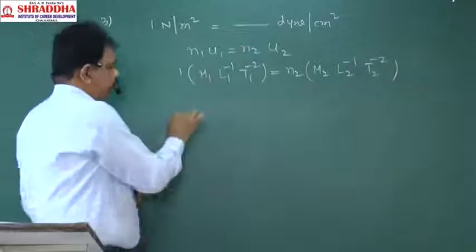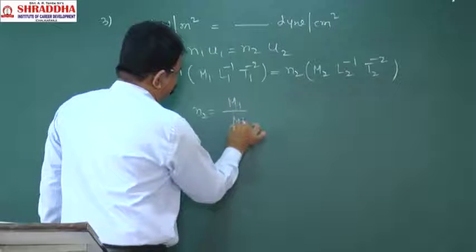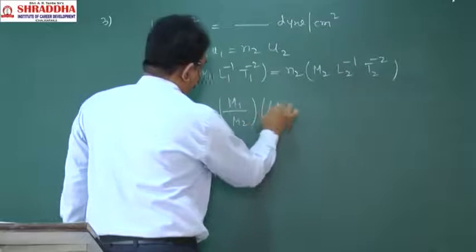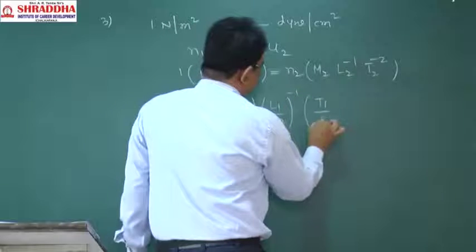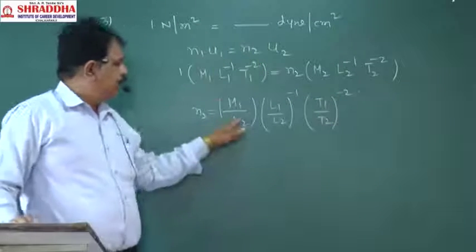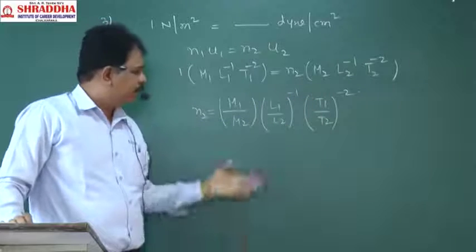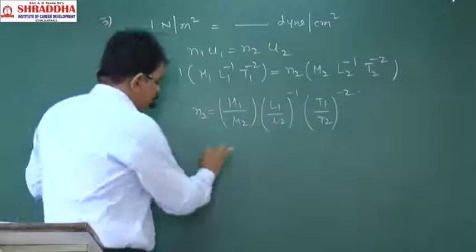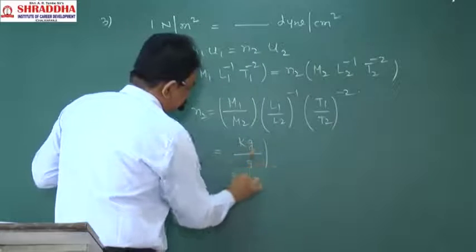Okay. Then N2 is equal to M1 by M2, L1 by L2 power minus 1, T1 by T2 power minus 2. Write this. Mass will be kg here.